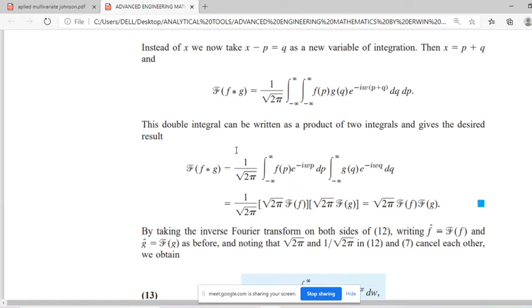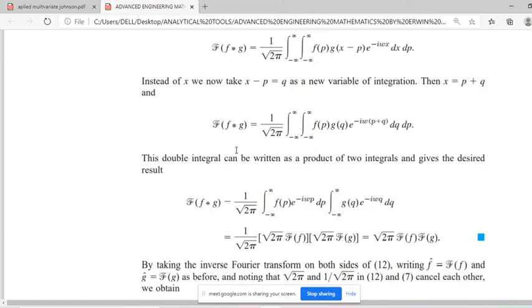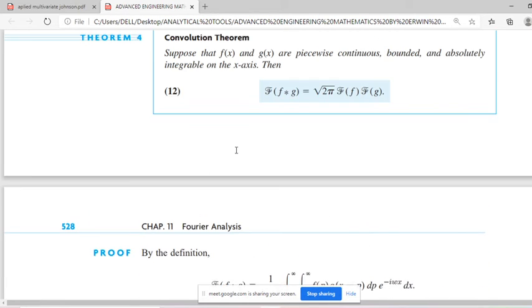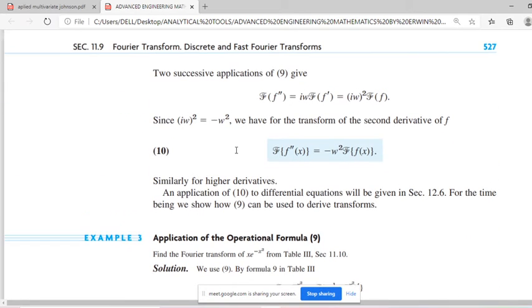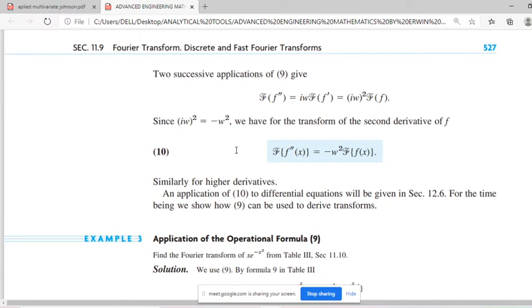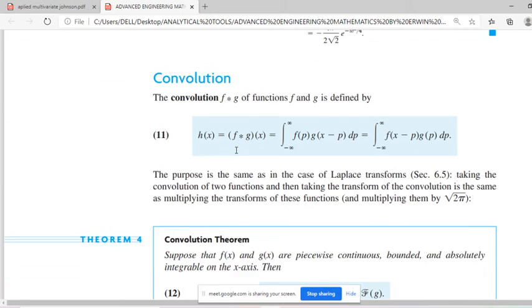F of f star g is there. And this equation 10. No, that is not 10, it should be 12.